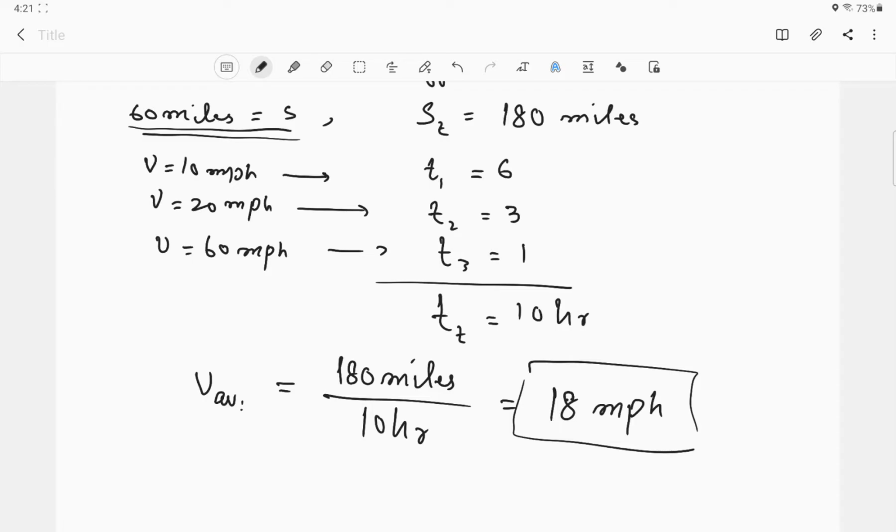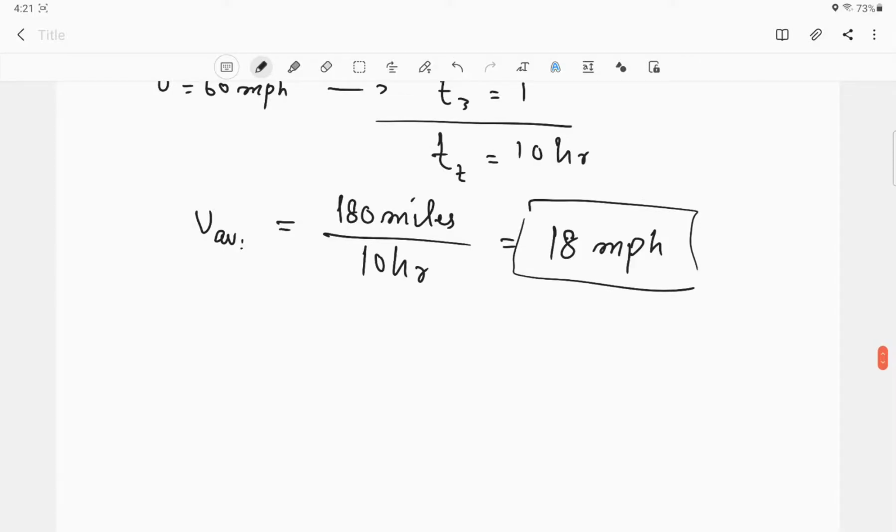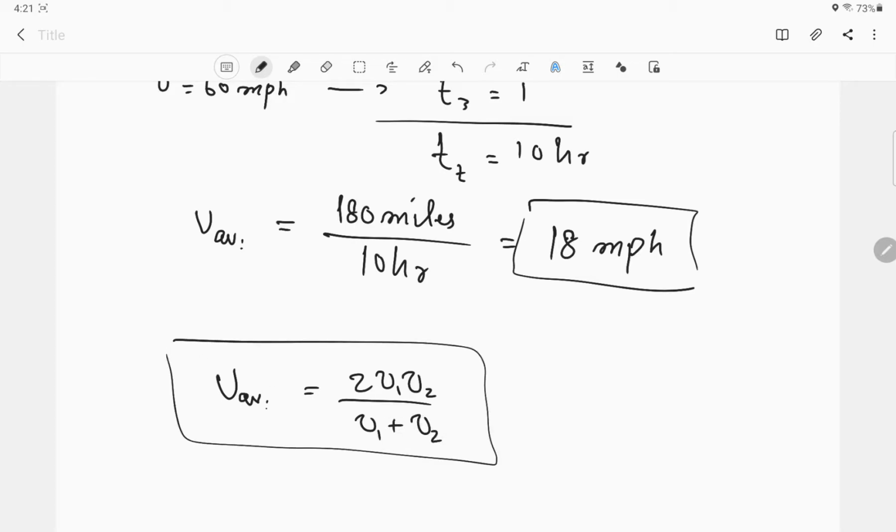If we have such a case, but there are just two velocities, then we have a shortcut method, which is known as the harmonic mean. For the two velocities, we can use this equation: 2v1 v2 over v1 plus v2. This is the shortcut method for two velocities that I remember.